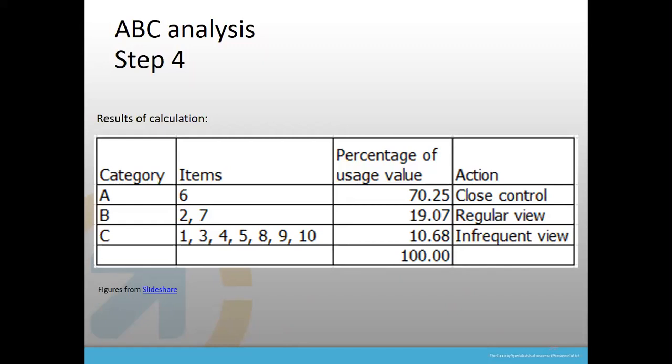And so for class B items, we make a regular stock check every month or every week, depending on the company, and then reorder. Category C, and here I put all other items together. 1, 3, 4, 5, 8, 9, 10, together only 10.68%.